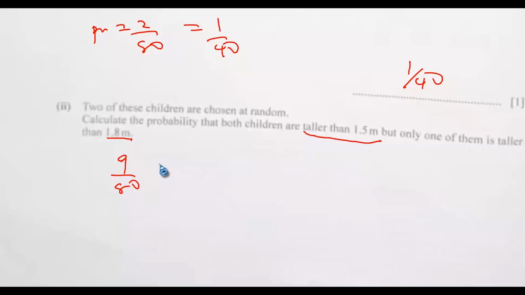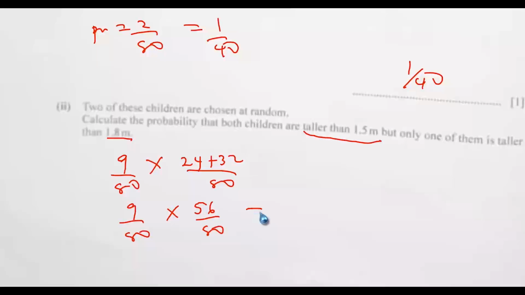Then the second one will be 24 add 32 out of 80. So this will be 9 out of 80 times, this will add up to 56 over 80.